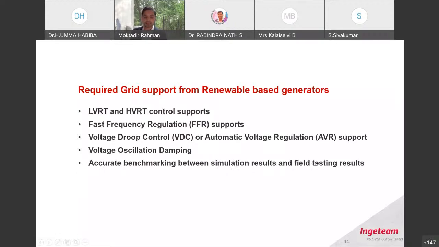So what I'm saying is, before you connect or commission any large scale plant, you need to do a simulation study and comply with the grid code, and then you do the field test and compare the simulation results and the field test results, and both should be accurate enough.